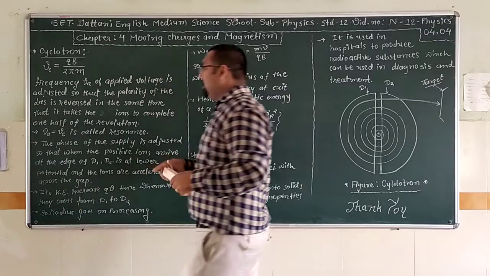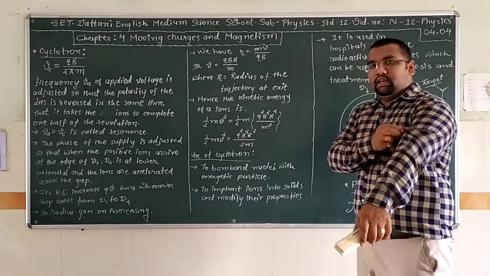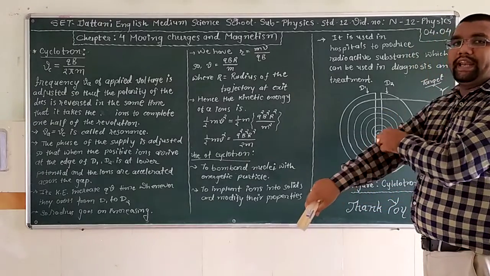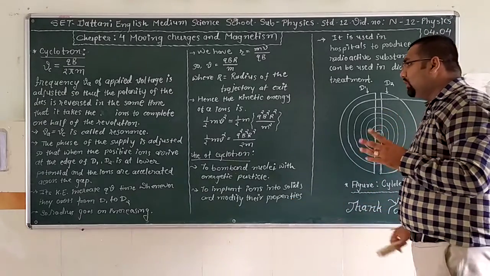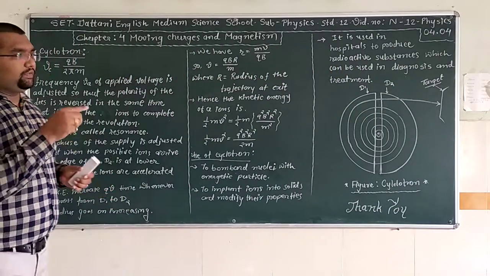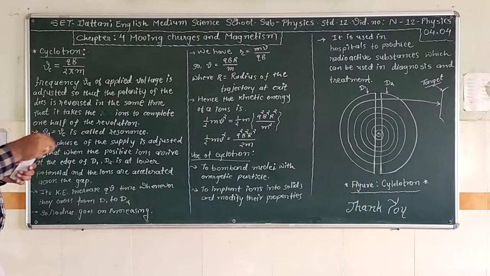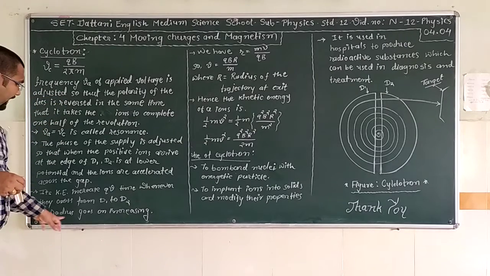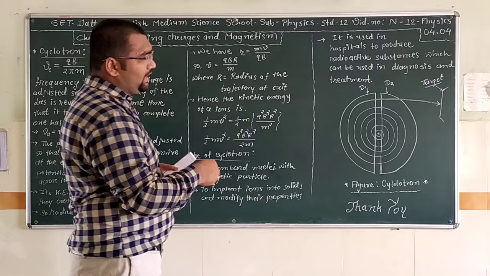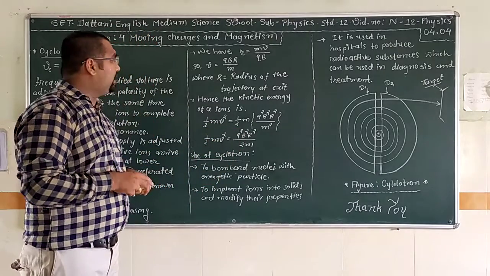As the charge repeats the circular motion, its kinetic energy and radius increase, and the circle becomes larger and larger. So the radius goes on increasing.